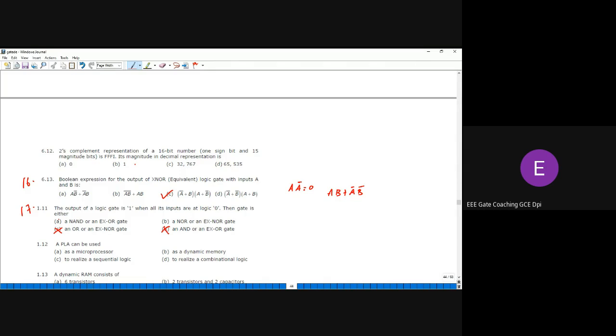NAND or NOR both will not come, right? So XOR or XNOR. XOR will come or XNOR will come.